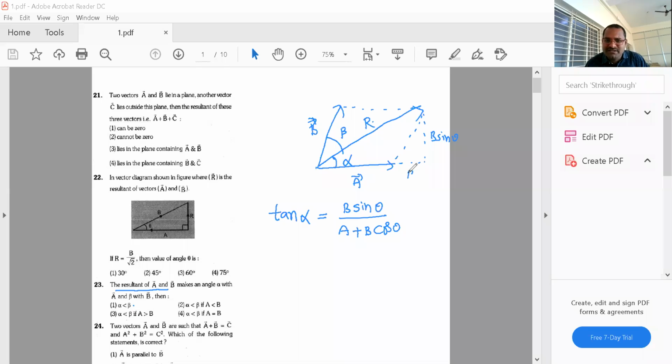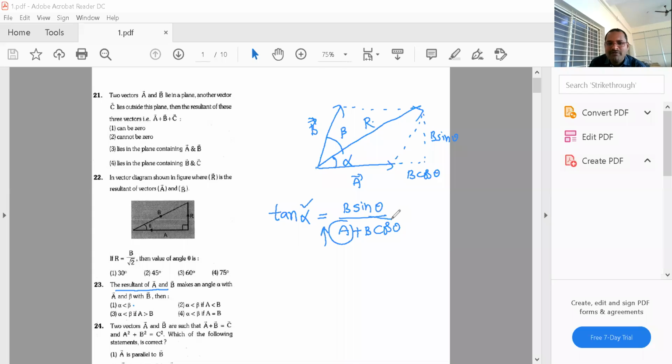This is B cos theta. Okay. Now see, in this, when alpha will increase, when A value is more, let us imagine A value is more, then what will happen?